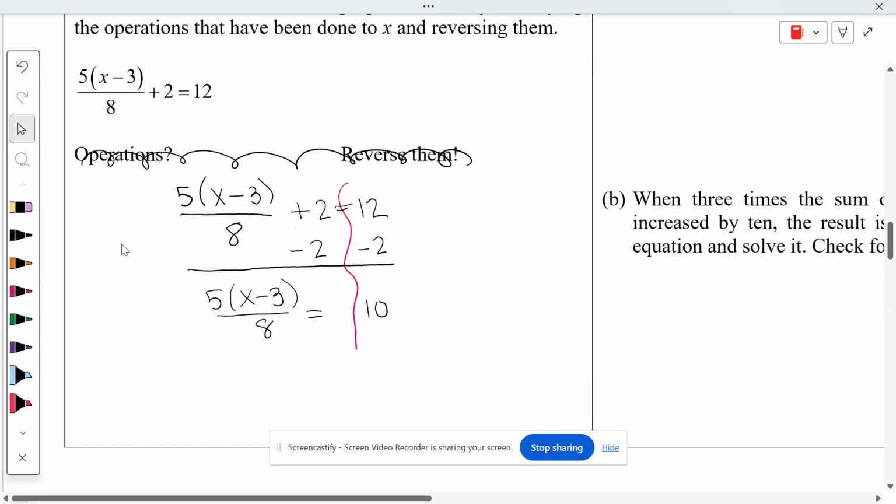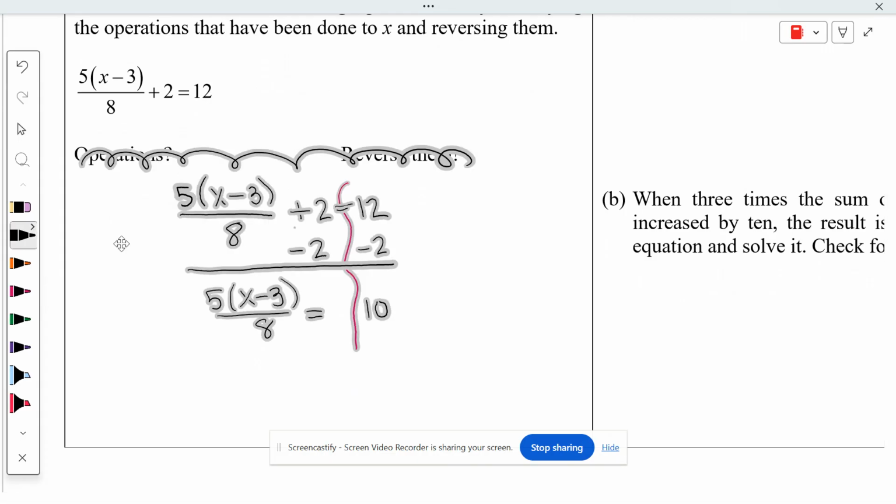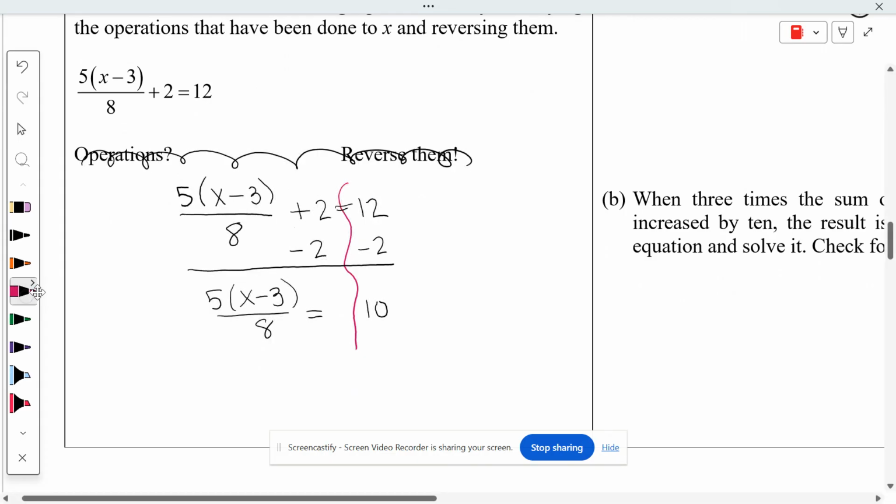The next thing that I can do is, hopefully you see that this is the fraction 5 over 8. And if I multiply both sides by the reciprocal, 8 over 5, these cancel out, and I'm left with x minus 3 equals, well, 10 times 8 is 80 over 5.